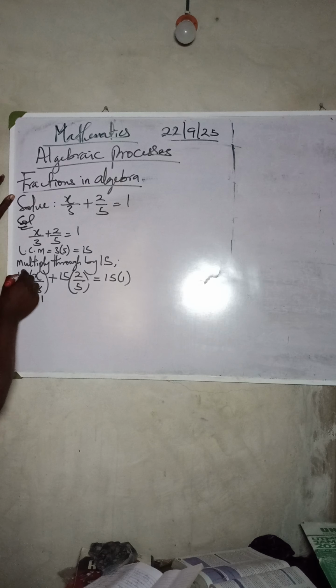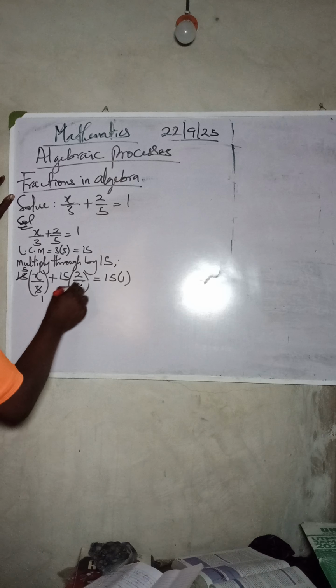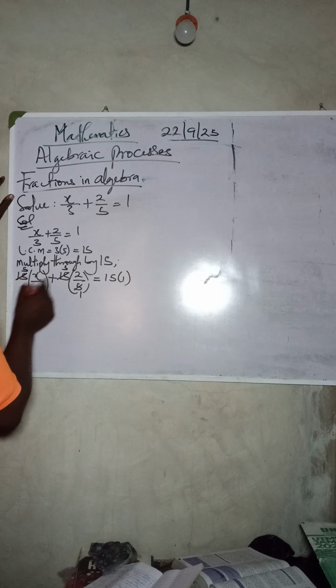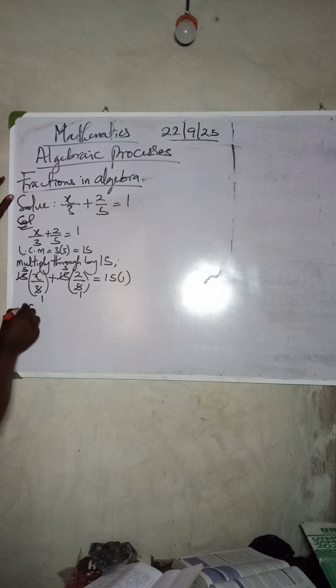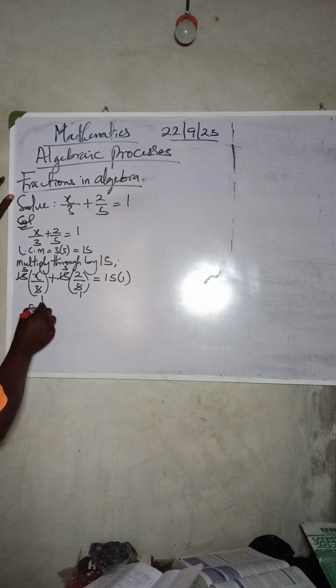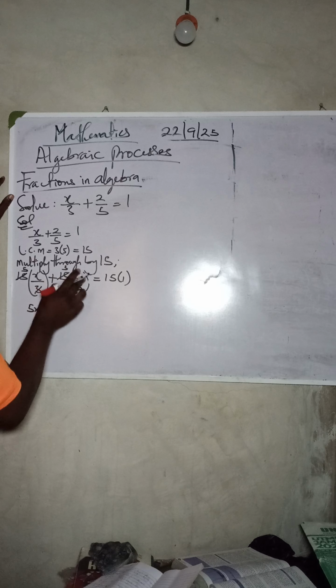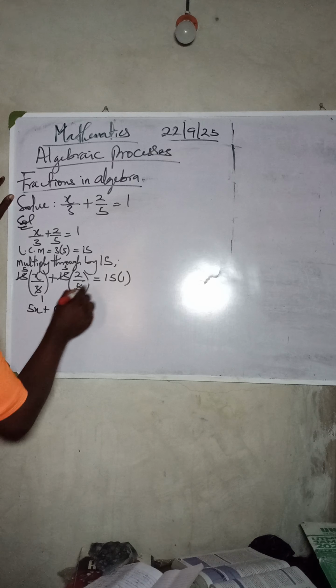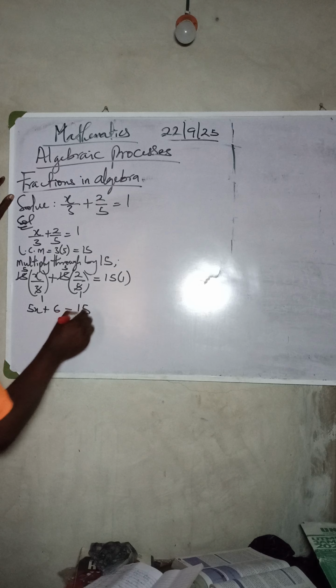3 into 15 is 5, 5 into 15 is 3, and this time, I have 5 times x, which is 5x, plus 3 times 2, which is 6, is equals to 15 times 1, 15.